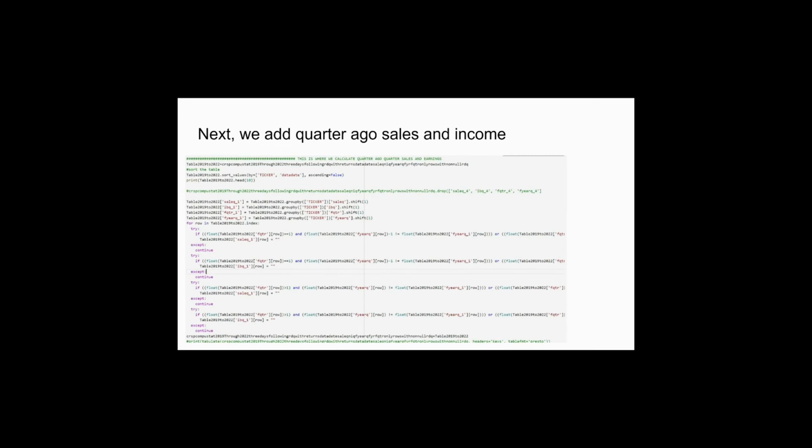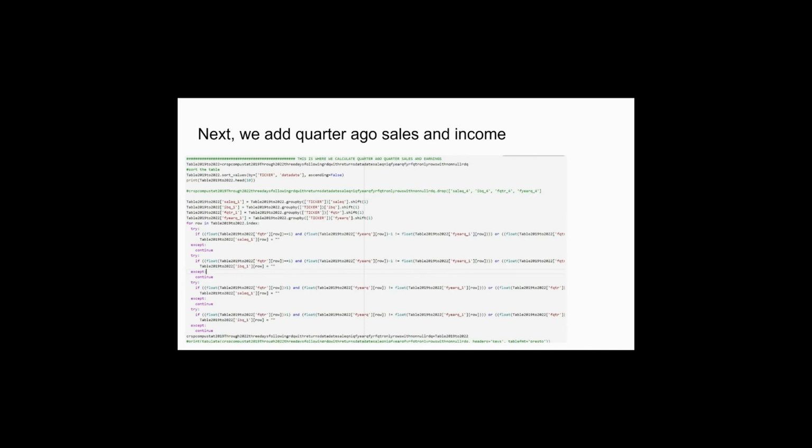instead of 4 quarters. And again, we run this sort of error checking to make sure that we're getting the right sales data, that is sales 1 quarter ago, and we're getting the right income data, which is income 1 quarter ago.